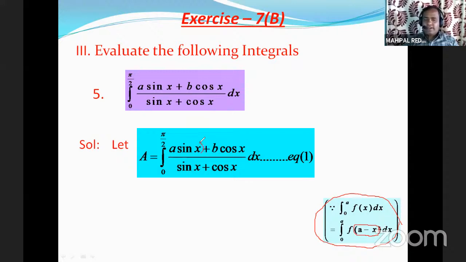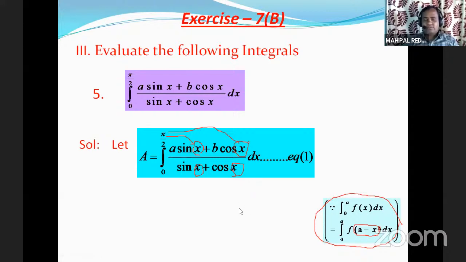So here x can be written as pi by 2 minus x, and in the other places, cos x and the denominator sin x and cos x, we also replace x with pi by 2 minus x, because of the property.